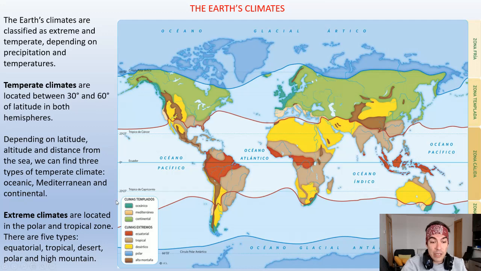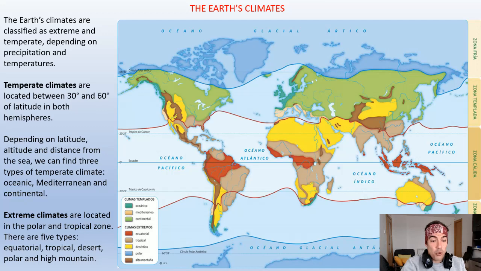The oceanic, here in this blue-green. The Mediterranean, here, for example, most of the Spanish territory has a Mediterranean climate. And the continental climate, which is this light green one. We will study them in detail in the next unit.